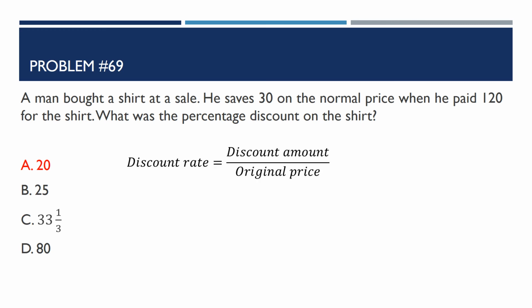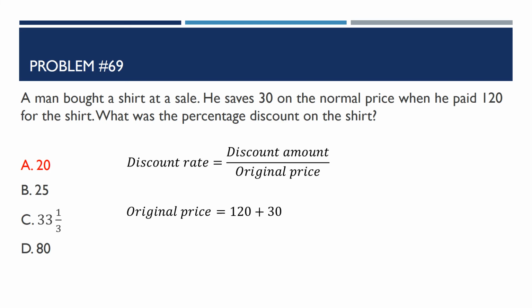So let us use the usual formula for a discount rate. That's the discount amount divided by the original price. We know the amount of discount, which is 30, but we don't know the original price. So let us solve it first. The original price is 120 plus the discount. 120 is the new price, and it's given that there's a discount of 30.